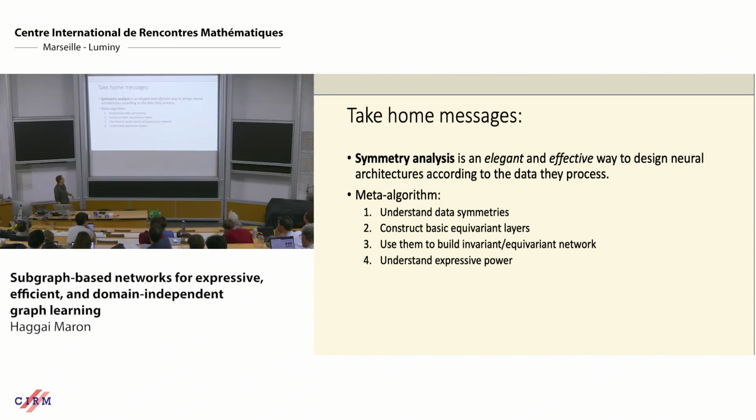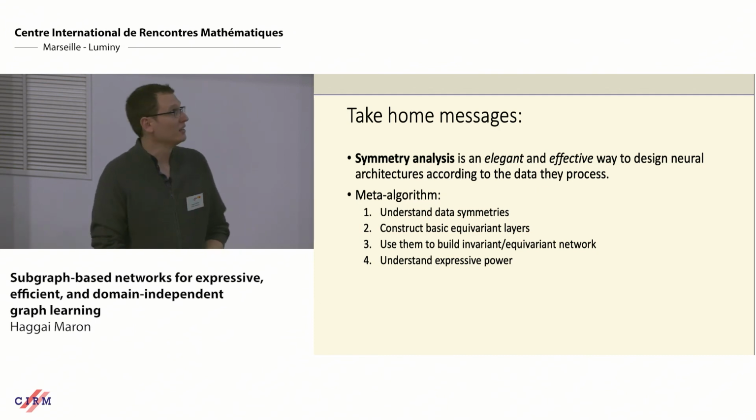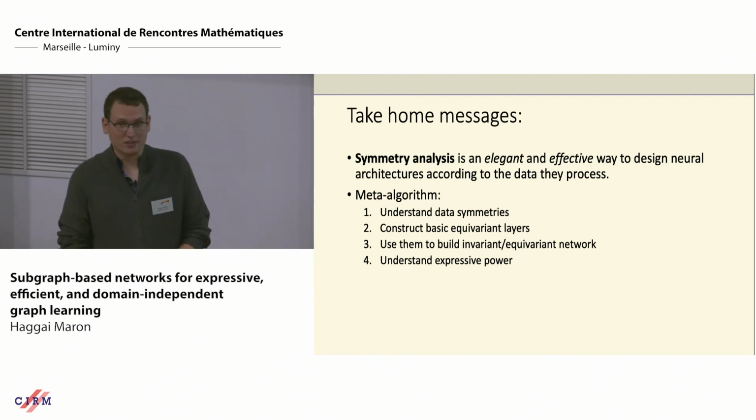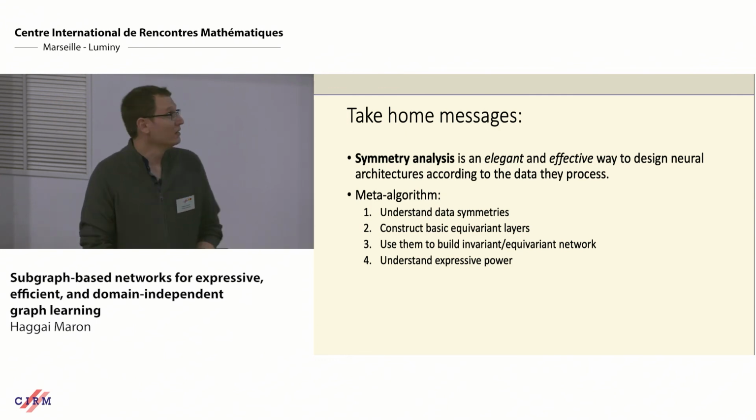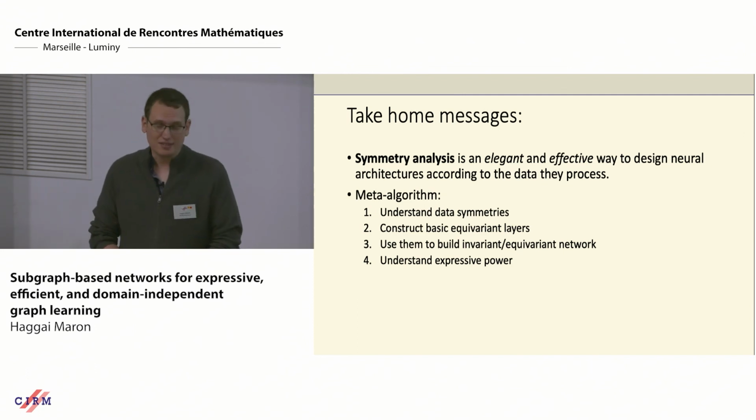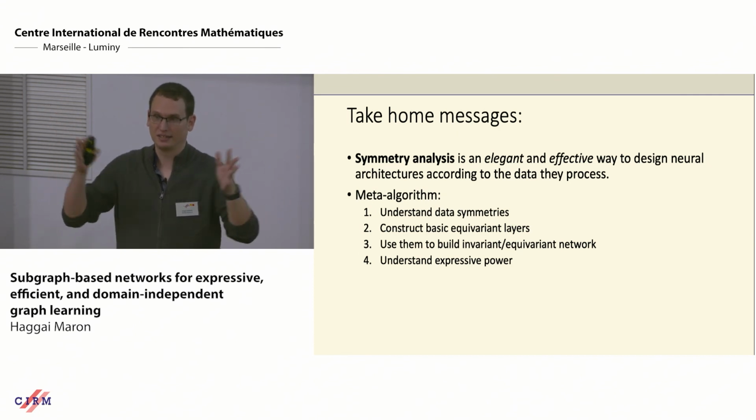And the main meta algorithm here is to first understand the symmetries of your data, what you don't care about in your data, then come up with simple equivariant functions, and then use them to build invariant or equivariant networks. And finally, in most cases, you would like to do some kind of analysis of the expressive power in order to make sure that you didn't lose a lot of expressive power, because what we do here is restrict the hypothesis class.